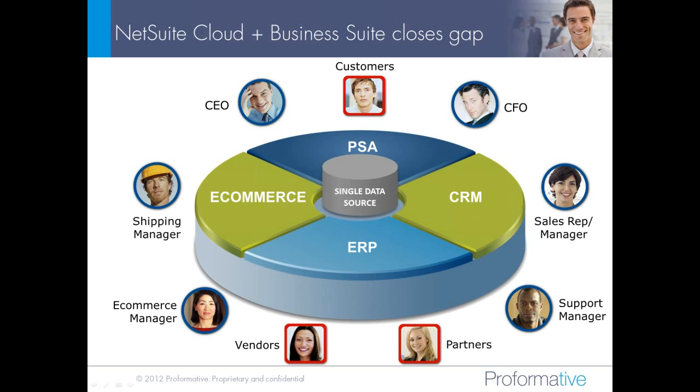Some have developed externally and created interfaces. Some are developing directly within NetSuite because our architecture provides that capability. They specialize in certain areas, and then they make that available to our end clients.